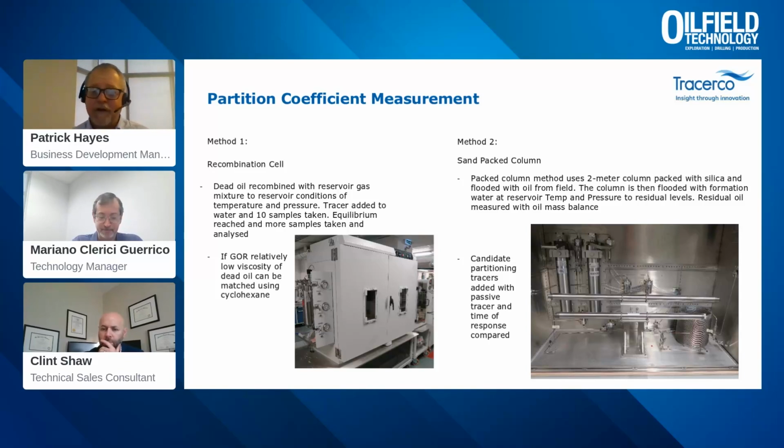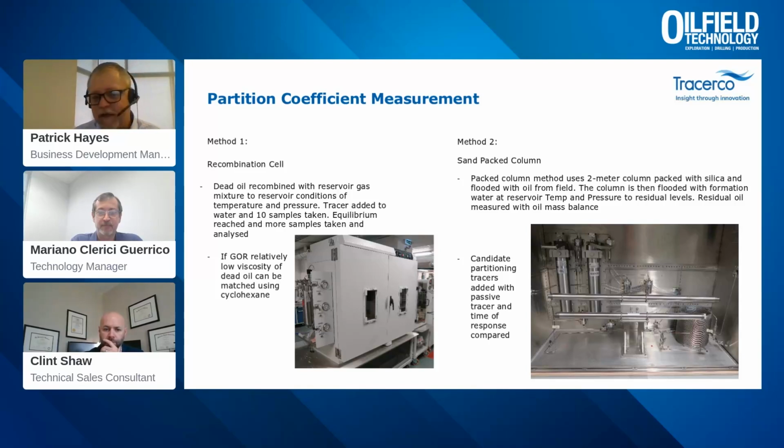So we have to have an understanding of what that partitioning coefficient is. What will that transit time be from an injector to a producer, or from that single well chemical tracer test? And in order to achieve this, we have to do calculations under reservoir conditions using PVT cells, at reservoir pressure and conditions.